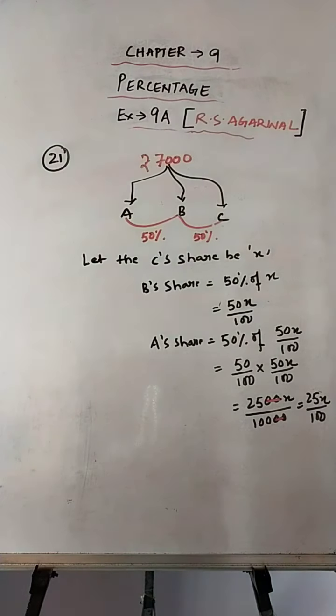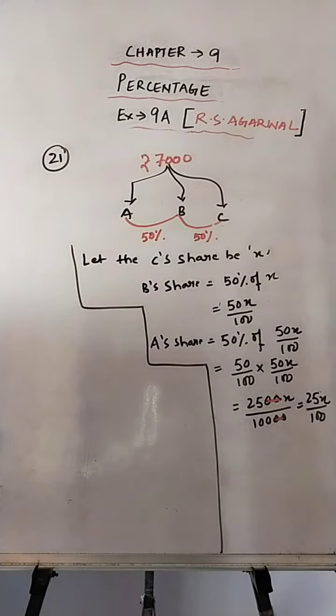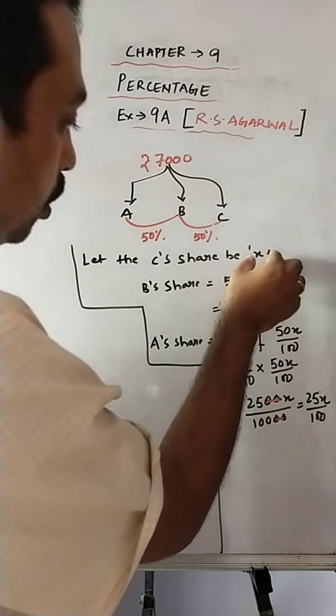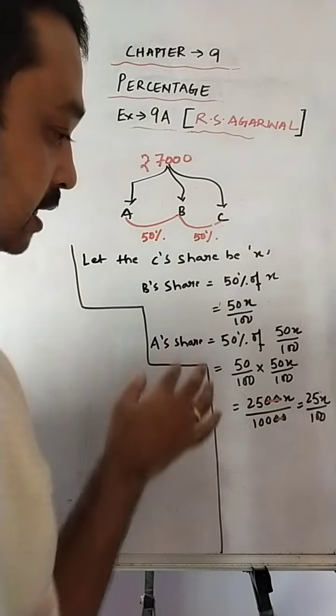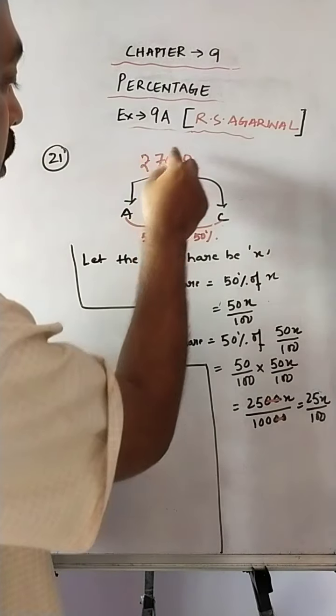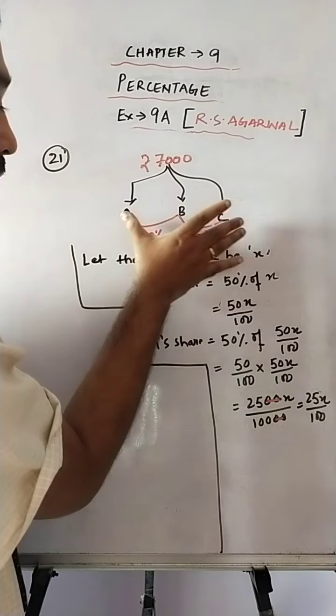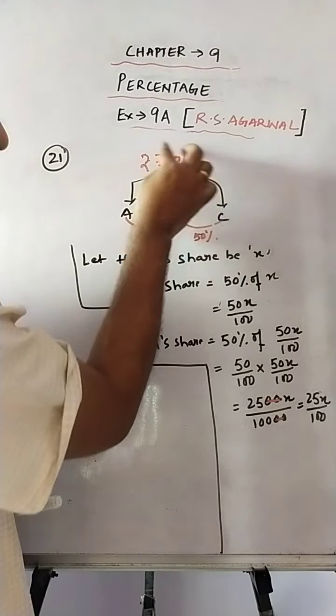Okay. Now students, a very important part. If I add up all the shares of A, B and C, it will sum up to what? 7,000, because we are dividing 7,000. So if I add the share of A, share of B and share of C, then the total would be 7,000 only.